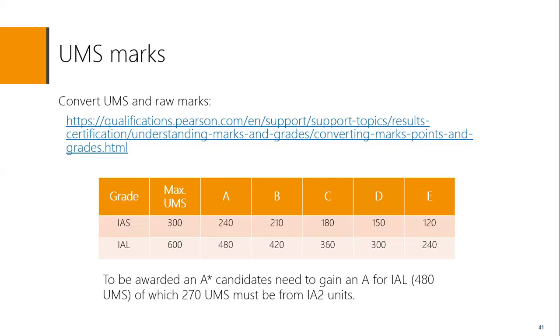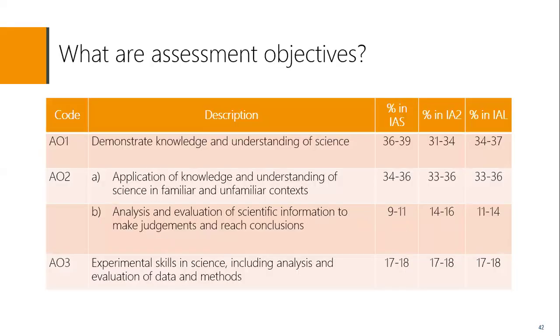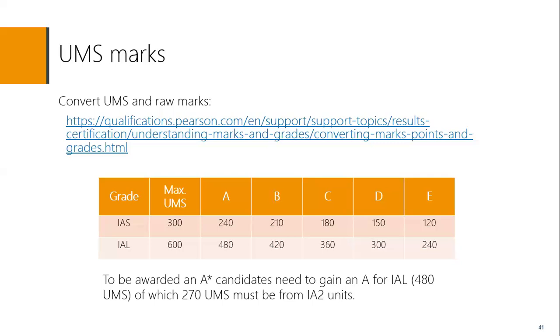And it's the UMS, the unified marks, which are used to give the grade boundaries. So the raw mark on paper is used to calculate a final mark or UMS for the unit, and candidates are then given a grade for each unit. And the marks are aggregated.